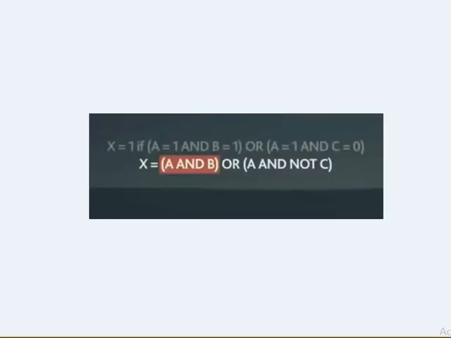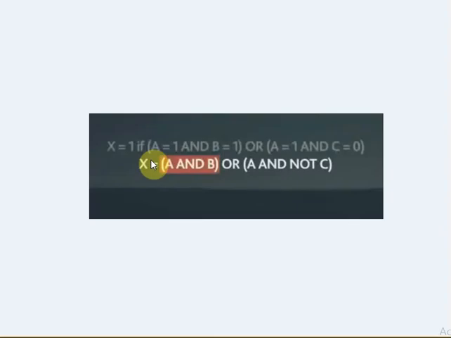Right. Now see here, X is equal to A and B, OR, A and not C. Here definitely there will be an AND gate: A and B, no? Then X is the output, starting from here.